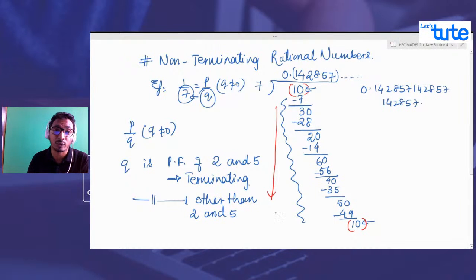In that case, you will get non-terminating rational numbers. It's so easy, correct? We'll just go through what we have seen just now.